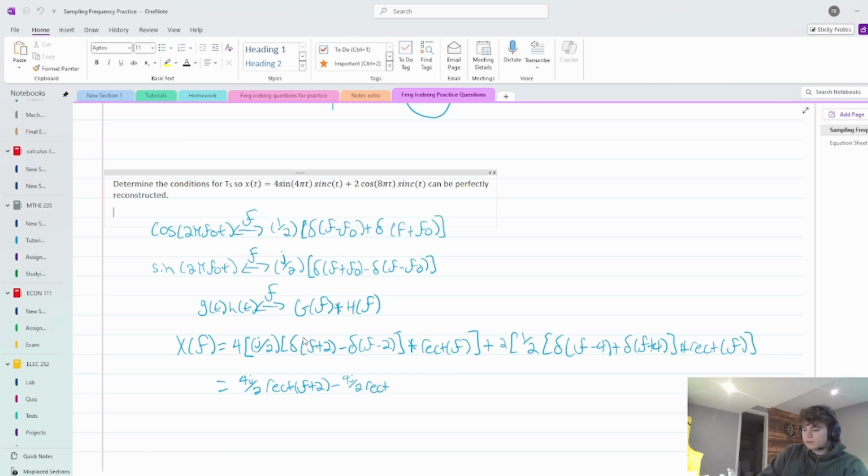Or actually, this can be written as 2j times rectangle f minus 2, and then plus rectangle f minus 4 plus rectangle f plus 4. So through doing this, we're left with these rectangle functions.